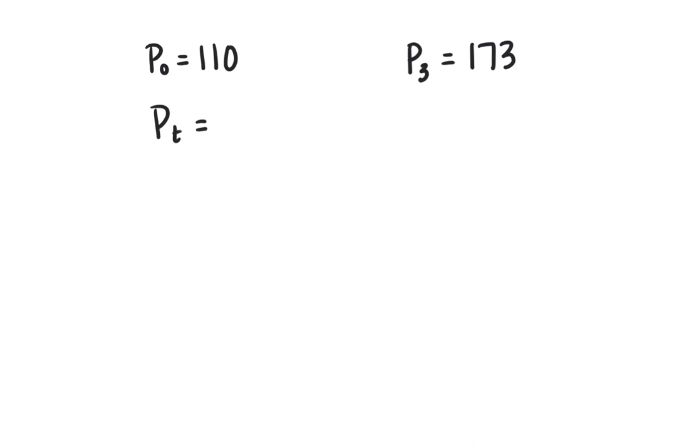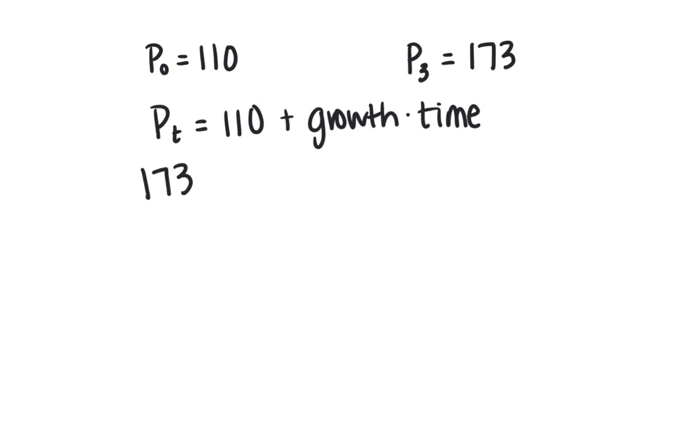So our variable will be t. It's just that initial plus our growth times our time. And we don't know growth, but we do know when time is 3 that PT is 170. So we can solve for growth like we did in the last problem with knowing that we have t. Once you get that equation written out, just like we did in the last problem, then you can predict for year 4 by plugging 4 into the equation that you get.